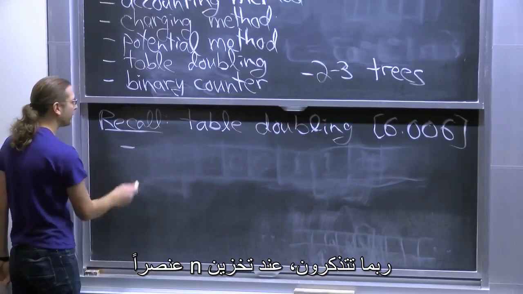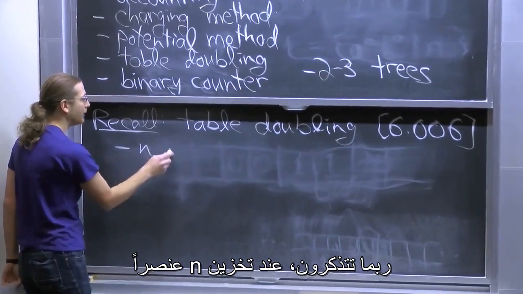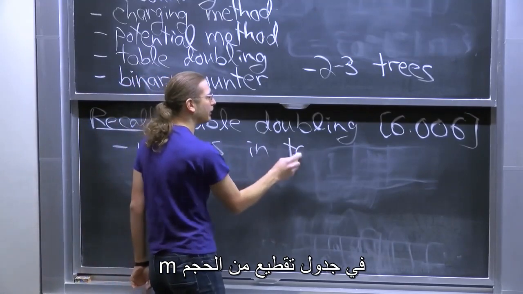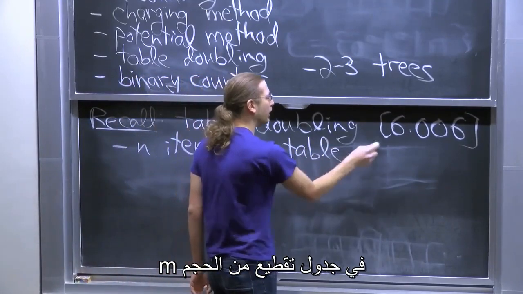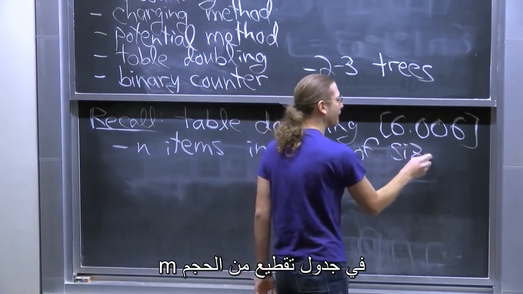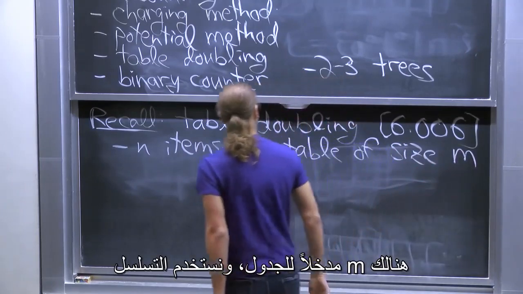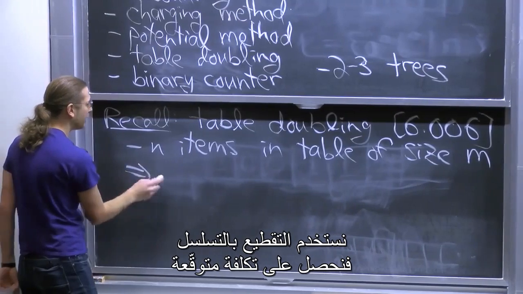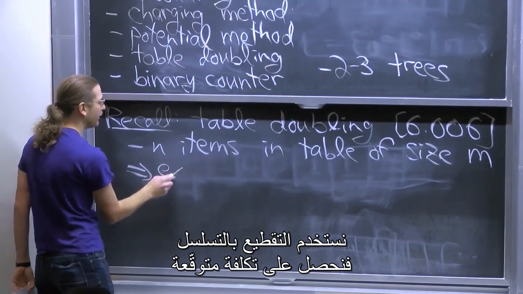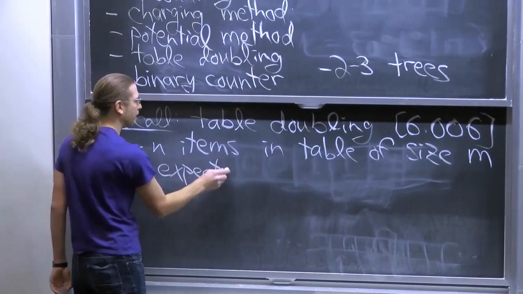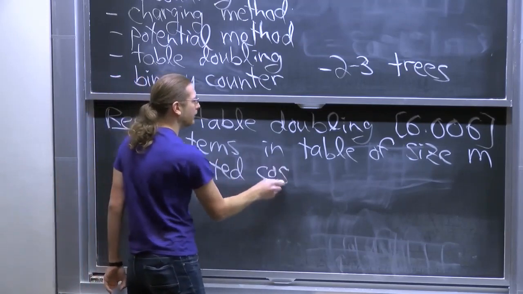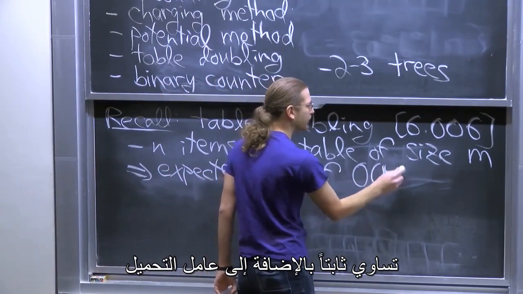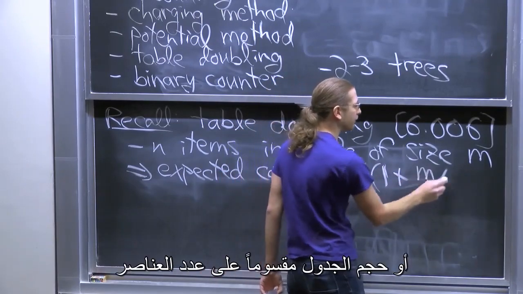As you may recall, if you store n items in a hash table of size m, with m slots in the table, let's say using hashing with chaining, then we got an expected cost of constant plus the load factor, the number of items divided by the size of the table.